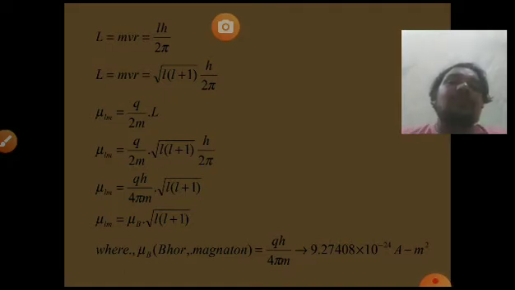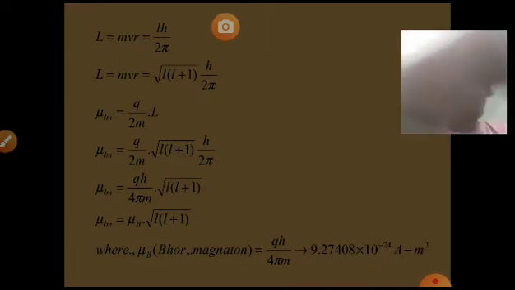Mu L m is equal to mu B times the square root of l(l plus 1), where mu B is the Bohr magneton, equal to Q h by 4 pi m, that is equal to 9.27408 times 10 to the power of minus 27 ampere meter square.